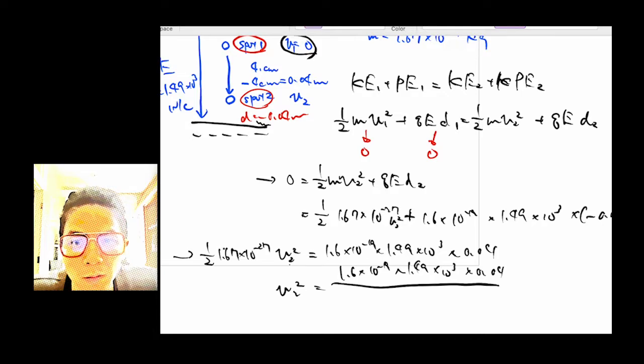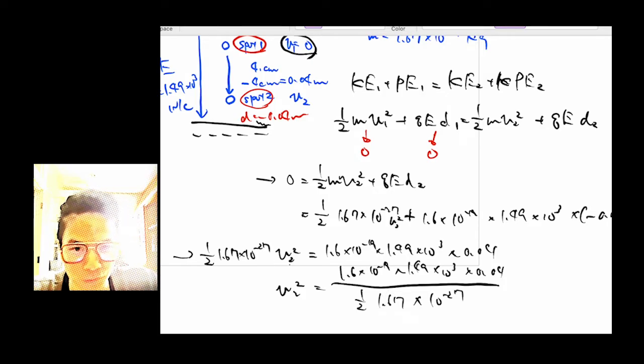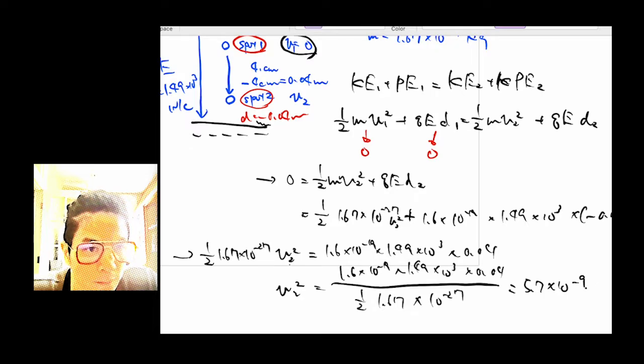v2 squared equals 1.6 multiplied by 10 to the negative 19th multiplied by 1.49 times 10 to the third and 0.04. Basically you want to divide both sides by this number, which is half of 1.67 multiplied by 10 to the negative 27th, and you want to calculate this out. I know this is a little complicated equation, but after you use the calculator, you are going to get 5.7 times 10 to the 10th.